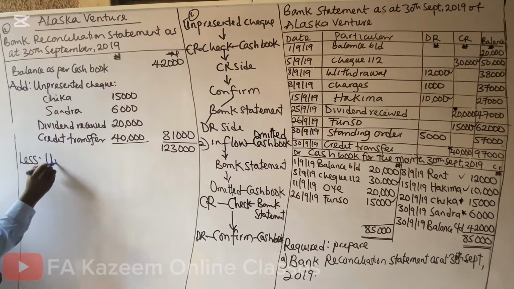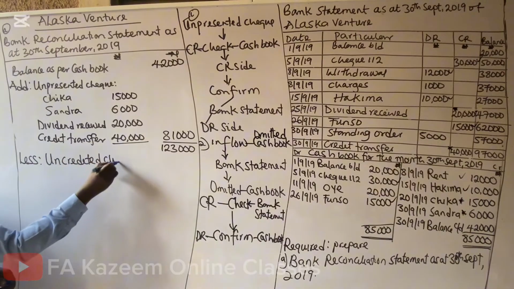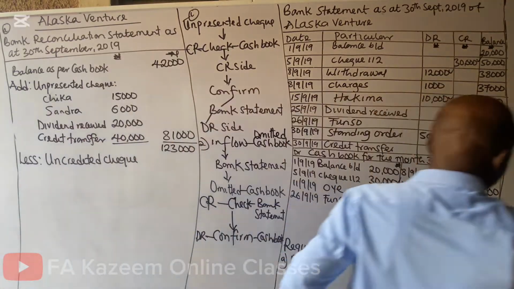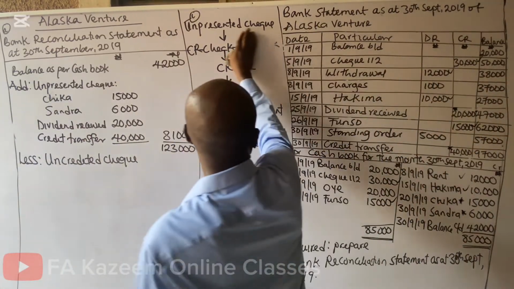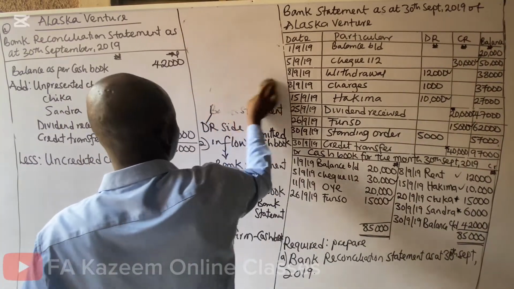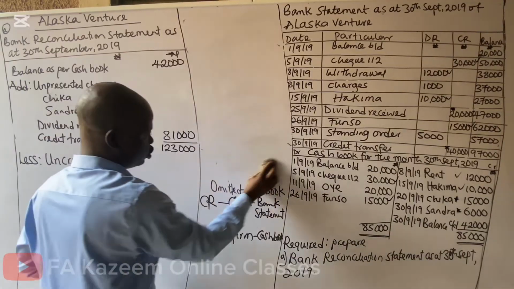What are we lessing? We are going to less uncredited check. Why are we lessing uncredited check?